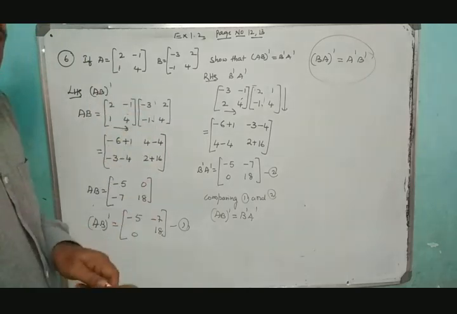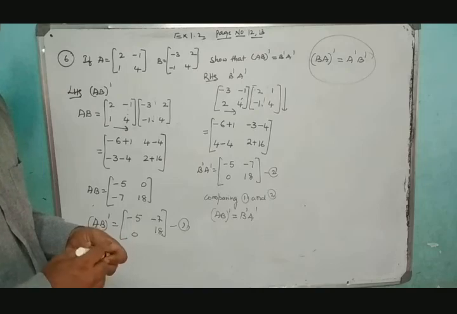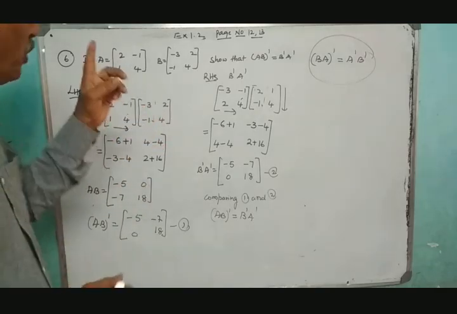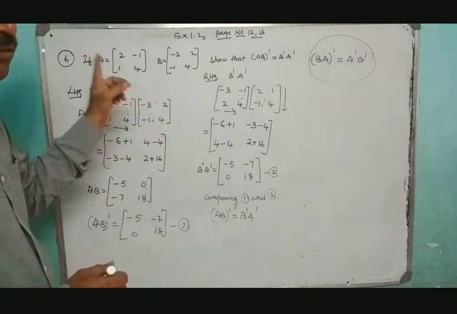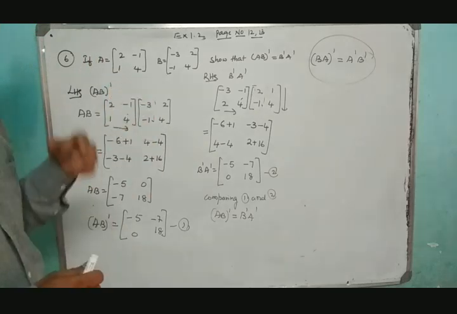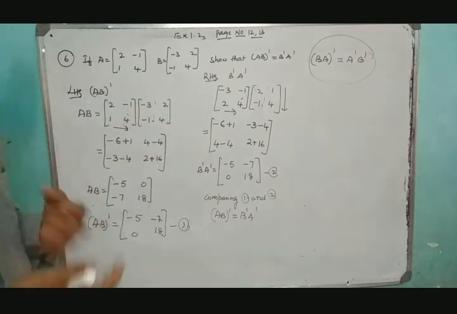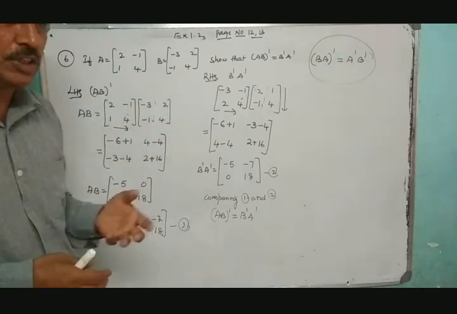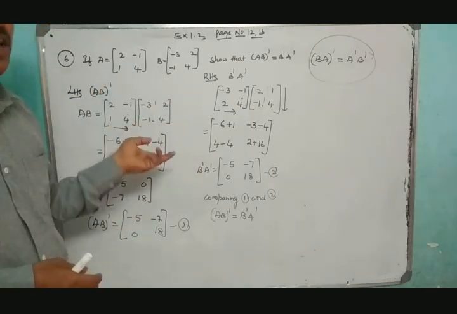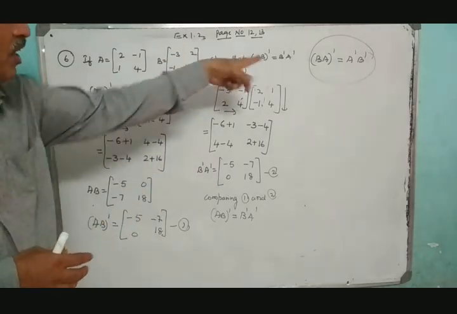So especially while doing the chapters of matrix, for a few problems you have to take the numbers very clearly with sign. For a few problems, even though you take a wrong number from what is given in the question, still you will get the proof.